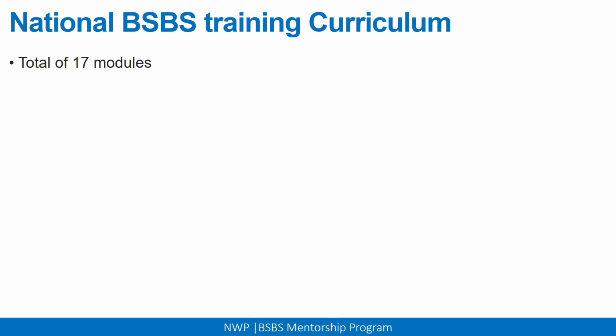The training program has a total of 17 modules. These are the basic training program. But if you're doing an advanced level training, such as the TOT and maybe the mentorship, then for the TOT there will be some additional modules that you are supposed to do.